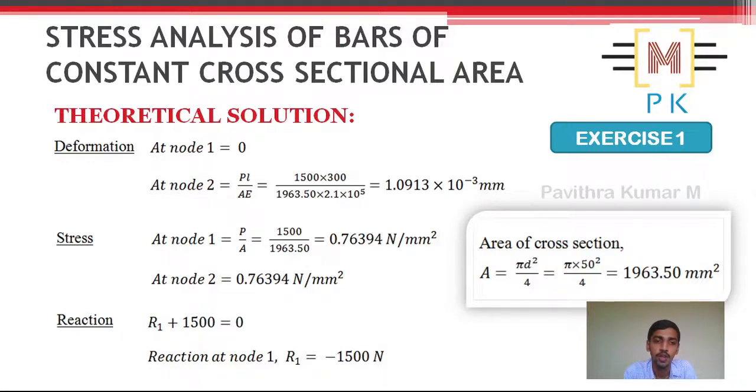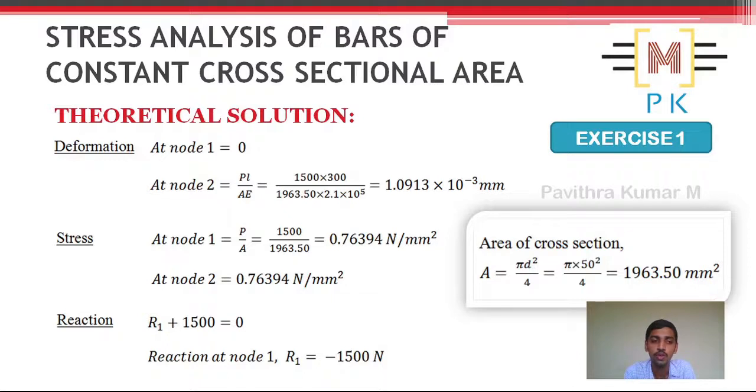At node 1, we can calculate the stress using a simple mathematical relation, that is load divided by cross sectional area, or P divided by A. If we substitute the values of force and area as 1500 and 1963.5, then on substituting these two values, the value of stress at node 1 becomes 0.76394 Newton per millimeter square.